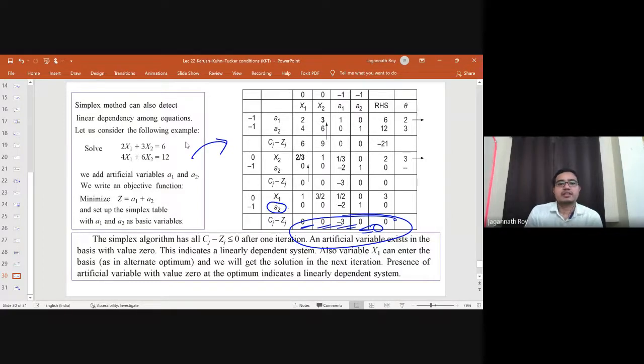This indicates that the solution is infeasible; in other words, these equations are dependent, so we are not getting any feasible solution. With this idea, we'll move forward to the next topic, quadratic programming.